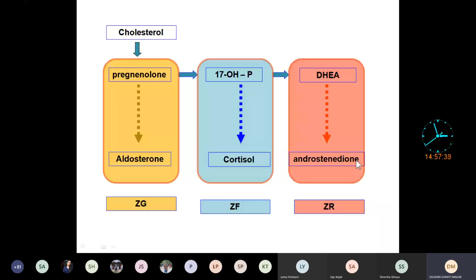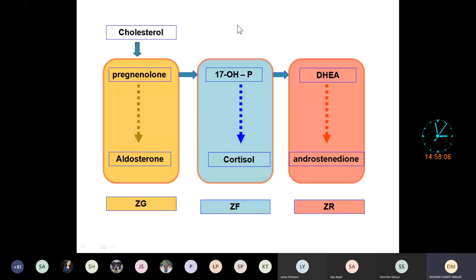Now you see here, whenever this 21 hydroxylase deficiency is there, at first usually it will be like this. Suppose this cholesterol will be converted to this pregnenolone, and then this pregnenolone will be converted into the 17-hydroxyprogesterone, and then the dehydroepiandrosterone.